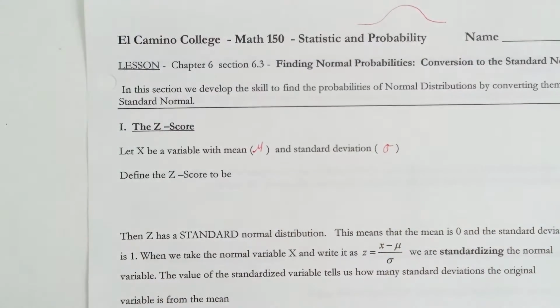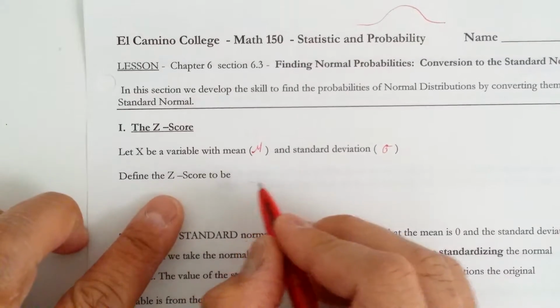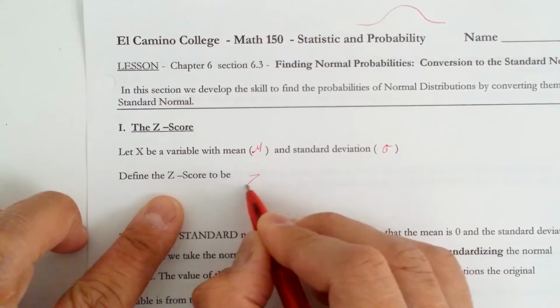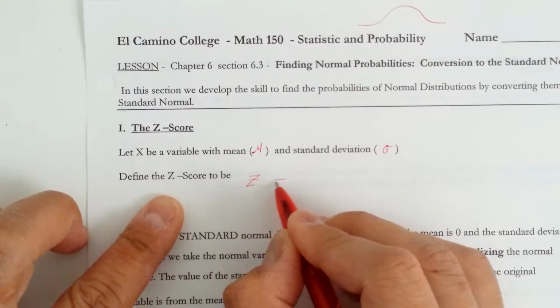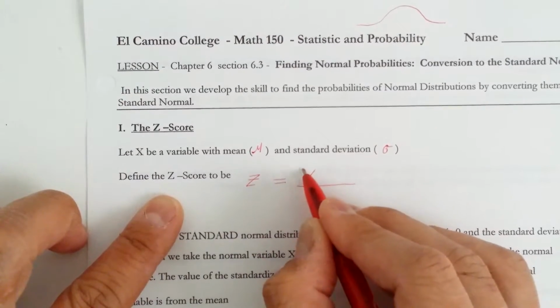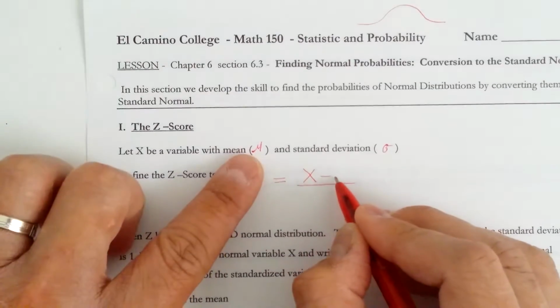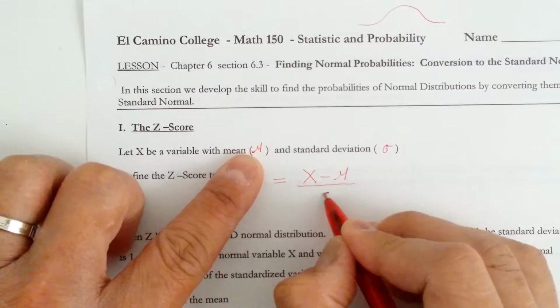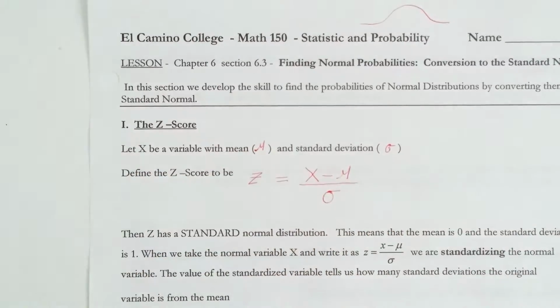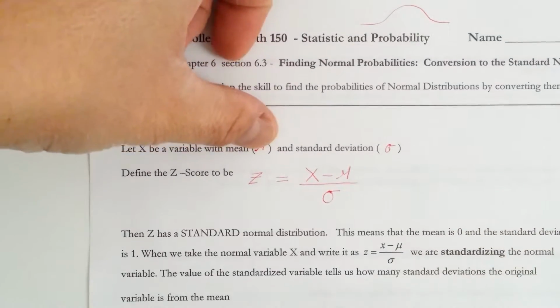Then the value z can be found. Z is a number. Remember, z is a number. And z can be found by taking the x value that we're looking for minus the mean, and then dividing that by sigma.